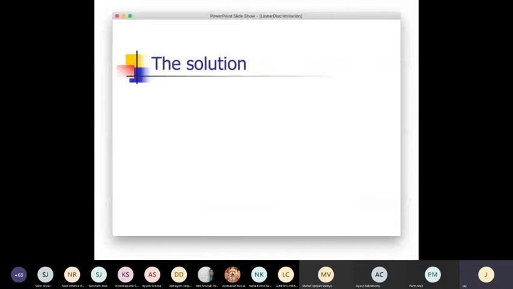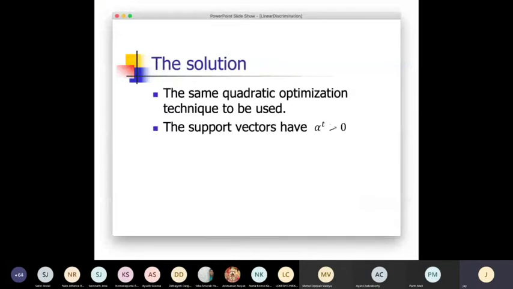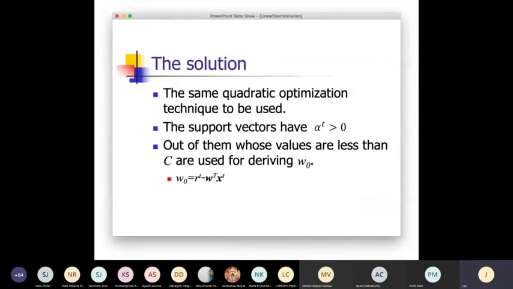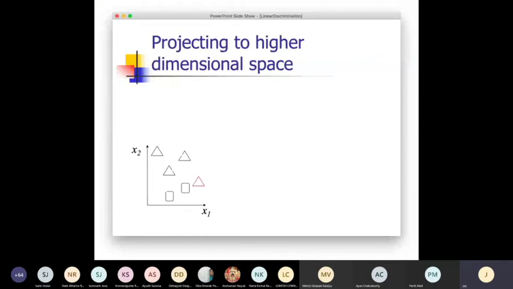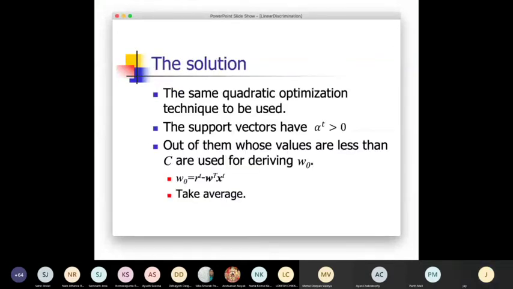And so that is why when you are trying to get W naught, you should consider only those samples for which alpha t is less than C, not only greater than 0.